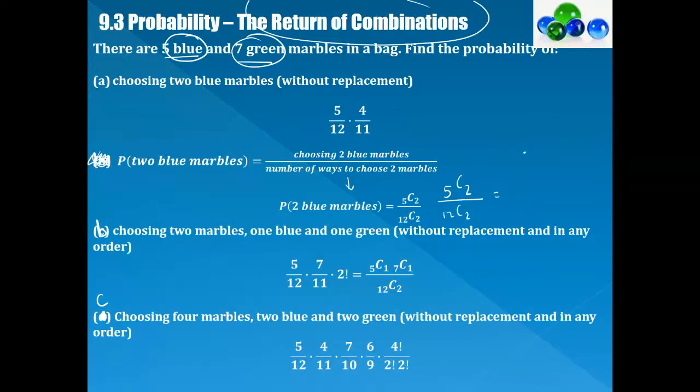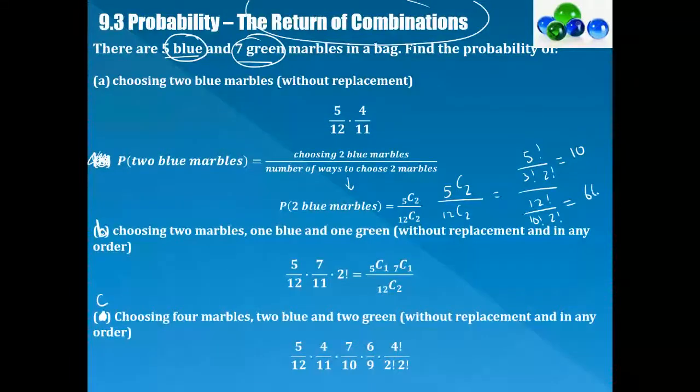You know how to do this. 5 factorial over 3 factorial, 2 factorial. You can probably come up with that, right? 5 times 4 divided by 2, what is that? 10, over 12 factorial over 10 factorial, 2 factorial. What is that? 66? 10 over 66?